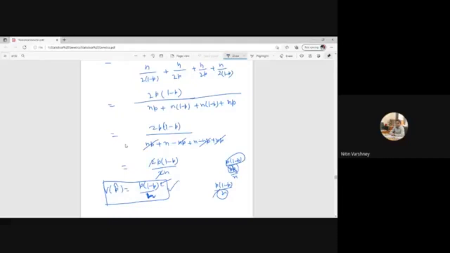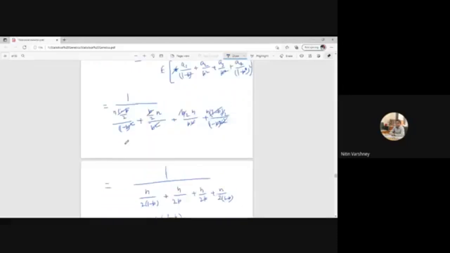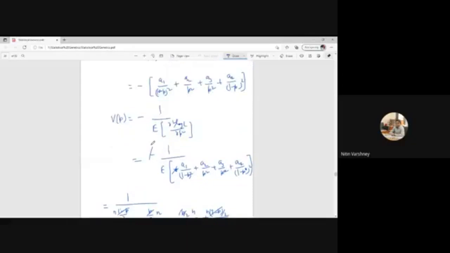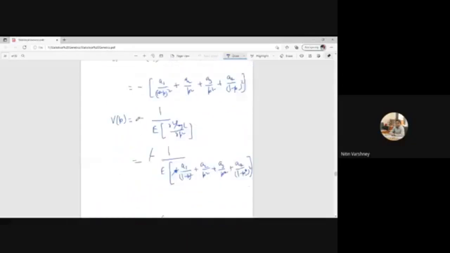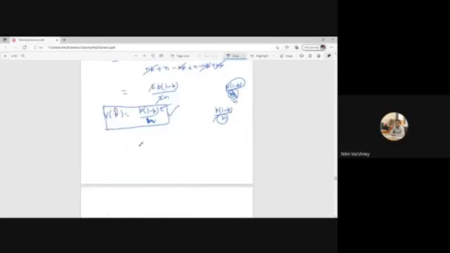This variance will be the same for the coupling as well as the repulsion phase. I have done it with the coupling phase; you just try it with the repulsion phase, and this will come the same. The variance of p will be the same in both repulsion as well as coupling phase.